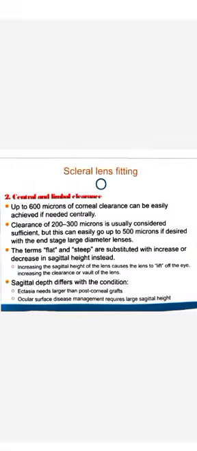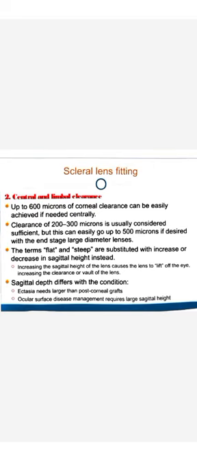The terms flat and steep are substituted with increase or decrease in sagittal height instead. Increasing the sagittal height of the lens causes the lens to lift off the eye and increases the clearance of the lens.